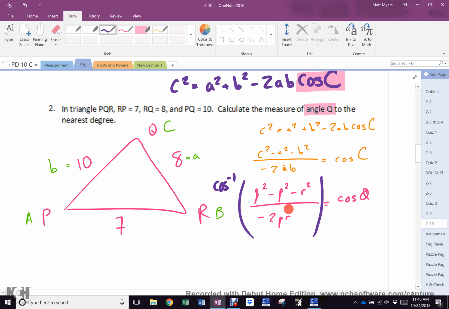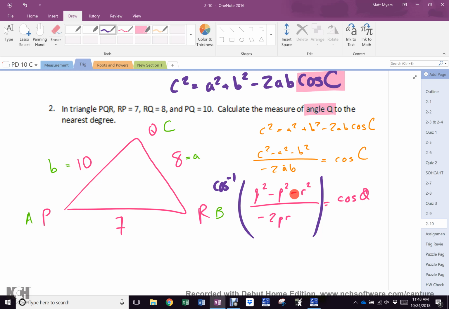You could work this out, hit equals, and then you have an answer on your calculator, yes? Which, if you have done it correctly, will be a decimal that is positive, right? Because cosine can never be more than 1, and cosine cannot be negative, right? So if you've done this right, you will end up with a decimal that is positive.